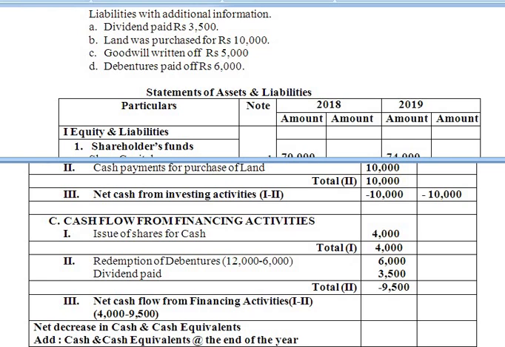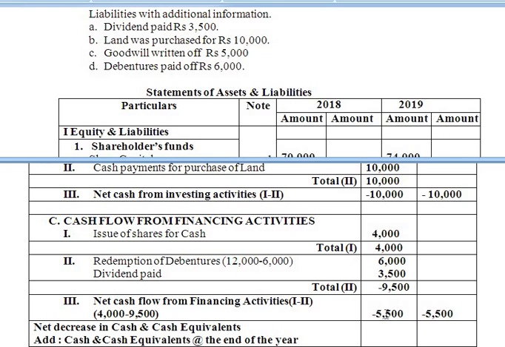How much loss? 4,000 minus 9,500, 5,500. So minus 5,500.